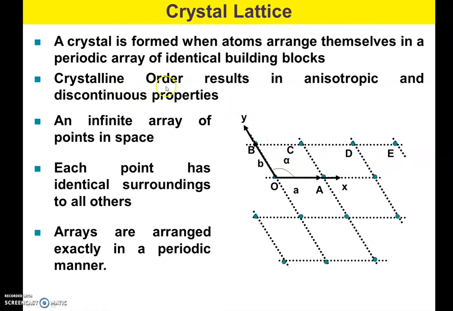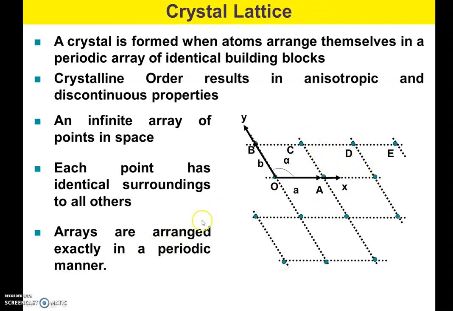Because there is order present in the materials, you will have some anisotropic properties and some discontinuous properties. You won't have a homogeneous property because there is a preferred orientation of these properties. But essentially, these atoms are arranged in an infinite array of points in space, and each point has an identical surrounding to the others. That is, if you have a point A, whatever environment it sees around it is the same as for point D, and it will see the same environment around it.